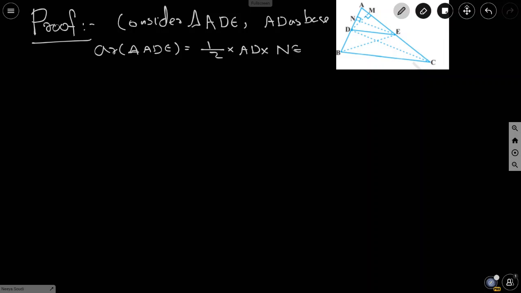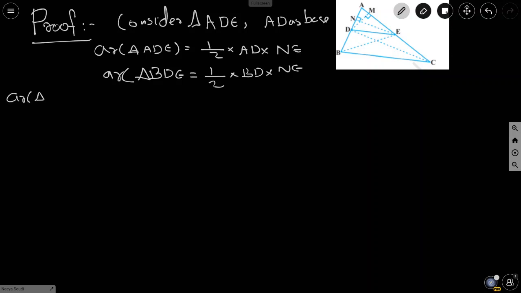Okay. So then next we can write BDE. This triangle also we will take altitude as NE itself, because you know some triangles we can draw altitude only through exterior. So we will write area of triangle BDE is equal to half into BD into NE. Let us divide these two.